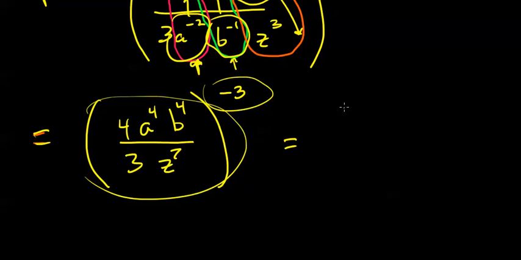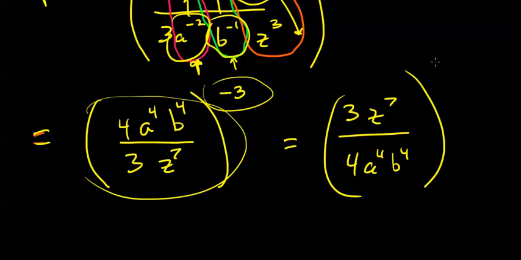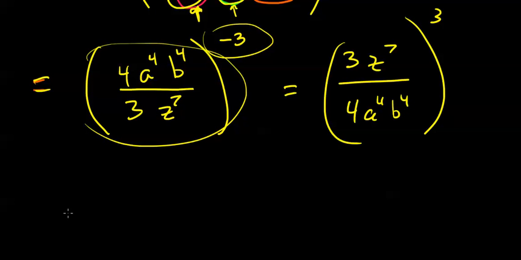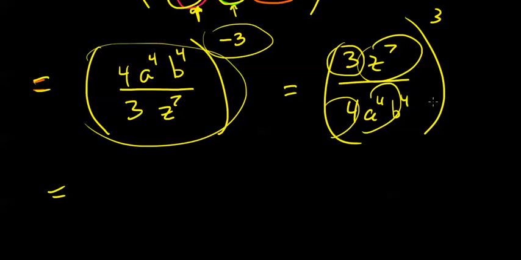I can invert that fractional base and change the exponent sign to make quick work out of this problem. Alright, I can't simplify anymore within that base expression, so I'm going to claim I have 5 factors that I have to apply that positive 3 exponent to.